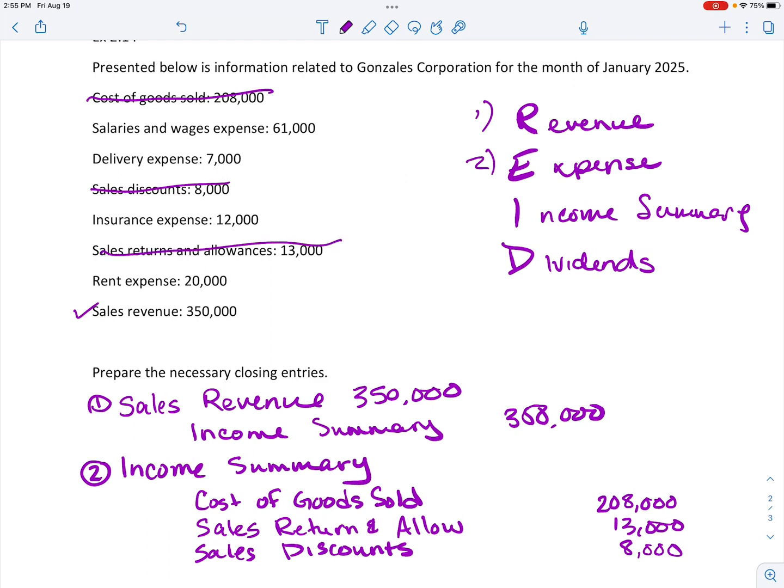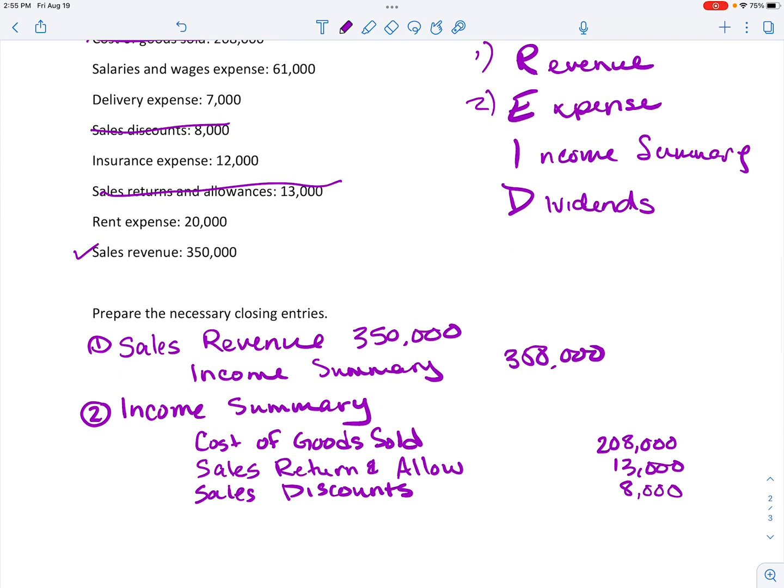And now we can go ahead and just debit each of our expenses. So we have our salaries and wage expense, and that was $61,000.